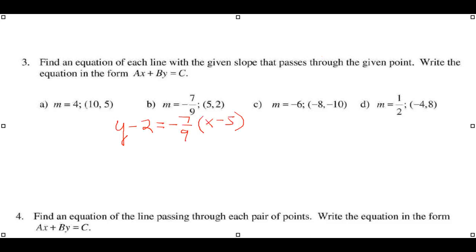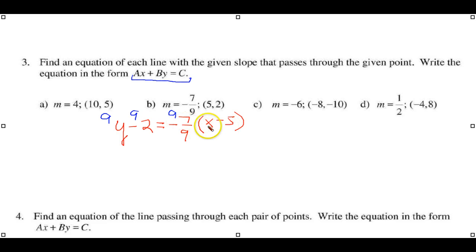So in this second example, I've written out the substitution: y minus y sub 1, which was a 2, negative is in the formula, copied my slope, and then x minus is in the formula, the 5. Now, since they want this in standard form, which doesn't have any fractions, I'm going to multiply each term by the 9 to get rid of my fractions.